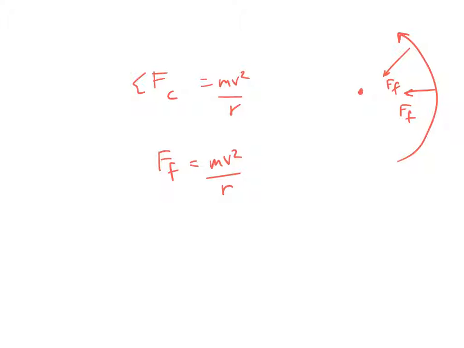If you take that mu value and multiply it by Fn, that'll give you the maximum static friction that the car can actually give back. So the idea is that the value we get as an answer better not exceed mu times mg, because mu mg gives the maximum Ffs.